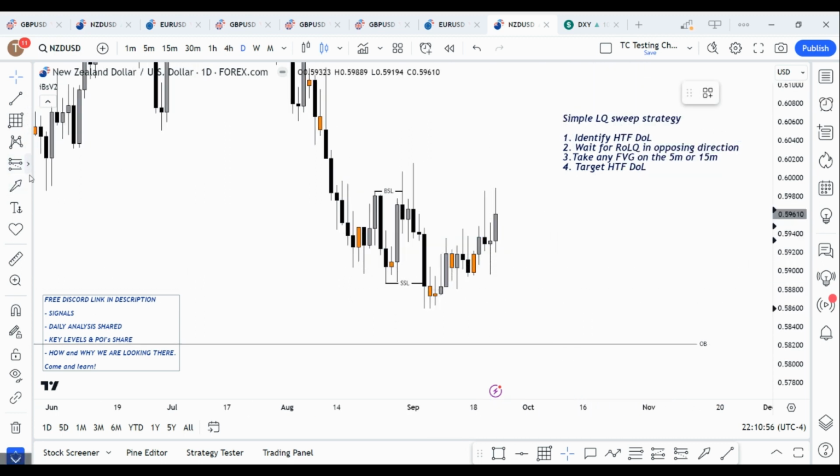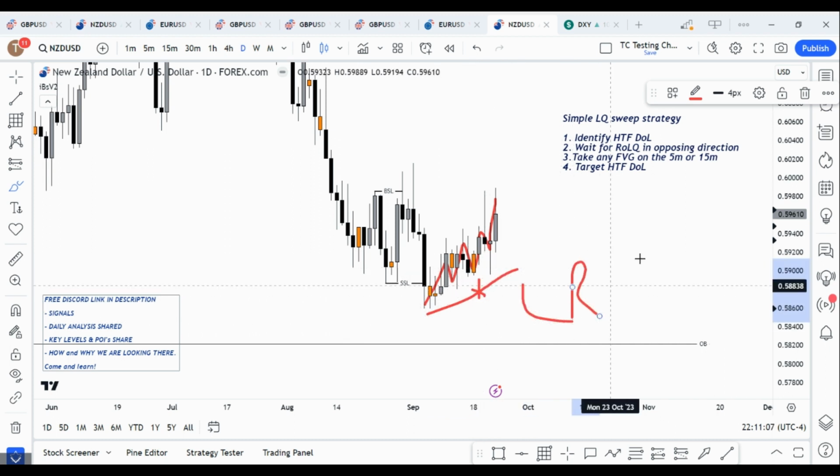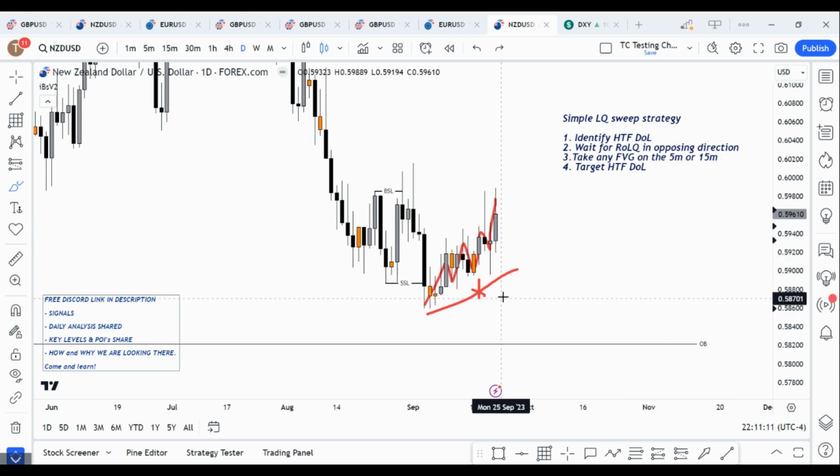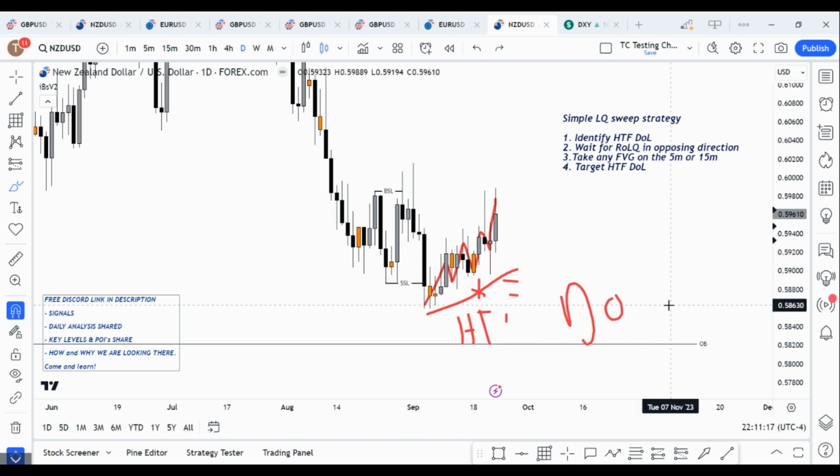We then give a corrective pullback, as you can see here, dropping very, very clean lows for a low resistance liquidity run. This would be our higher time frame draw on liquidity, HTF DOL.